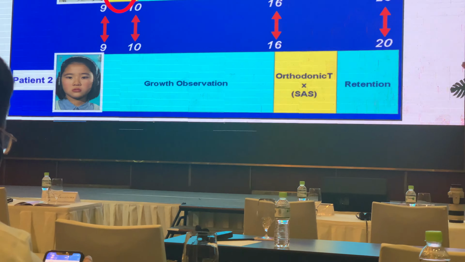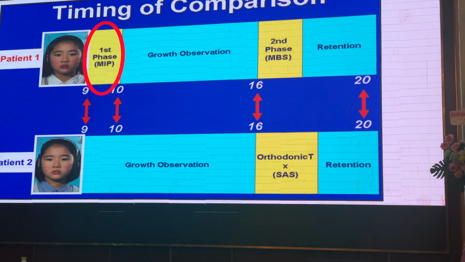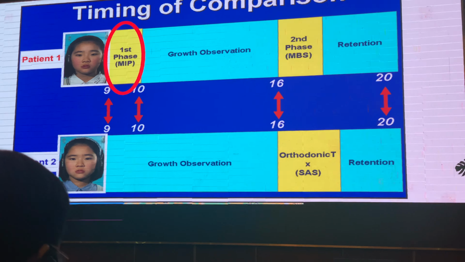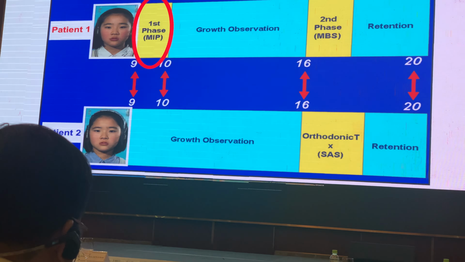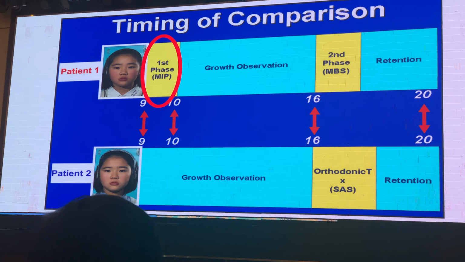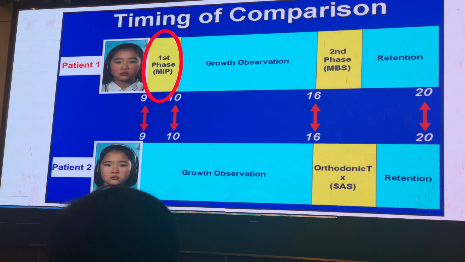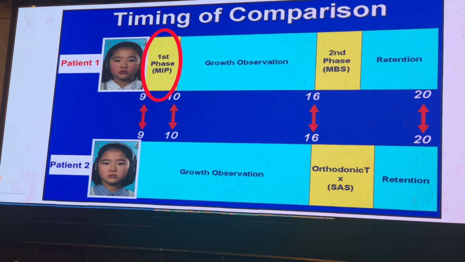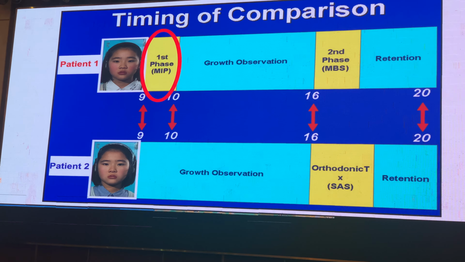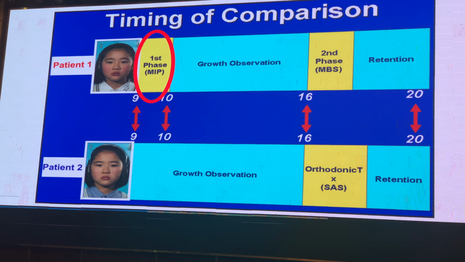Patient 1 got phase 1 treatment with face mask, and then they finish the phase 1, and then get some observation period. For patient 2, he didn't do anything, and he just waited until the end of the growth, which is 16 years old.